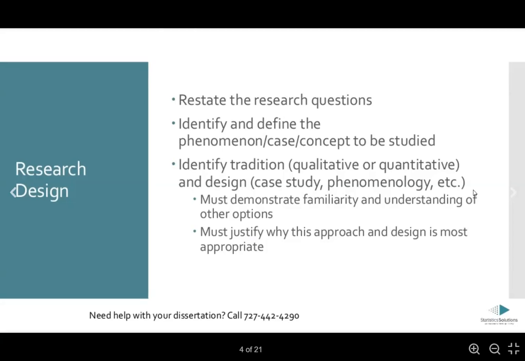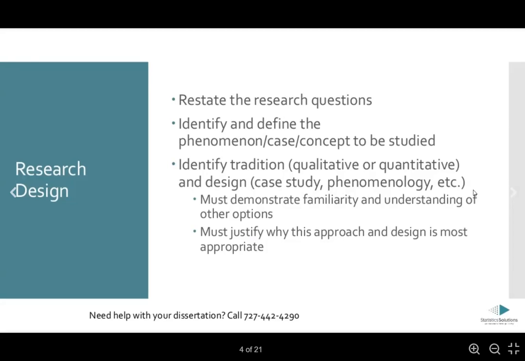So you're not just identifying the particular tradition that you're using, but you're explaining the different types of traditions because you want to show the reader that you understand what alternative traditions are used for, and that's how you were able to select the qualitative method for your study. So you're just demonstrating that you understand all of the options that are available to you, and that informed your particular research method and design.